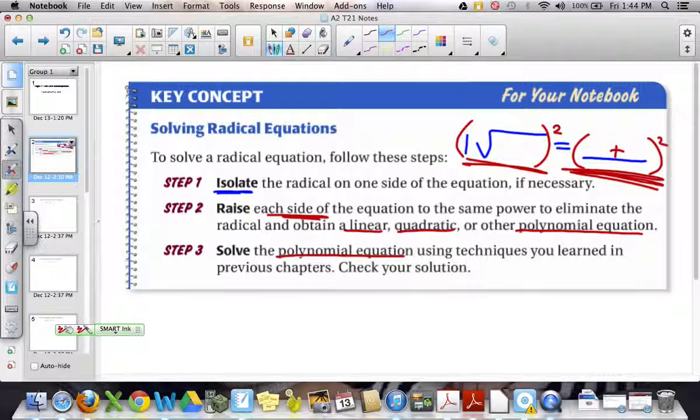If we end up with a quadratic, we're going to try factoring to solve it. If that doesn't work, we can use the quadratic formula. For higher-degree polynomial equations, we're going to have to look for possible solutions and check them using synthetic division. Most likely, though, we're going to end up with either linear or quadratic equations once we get rid of the radical.